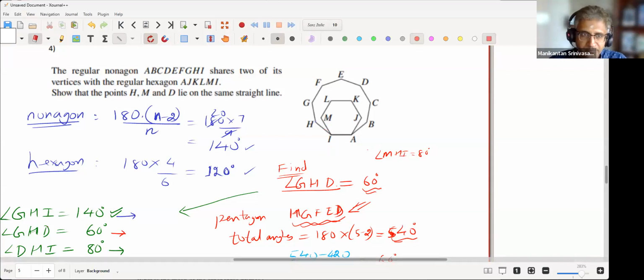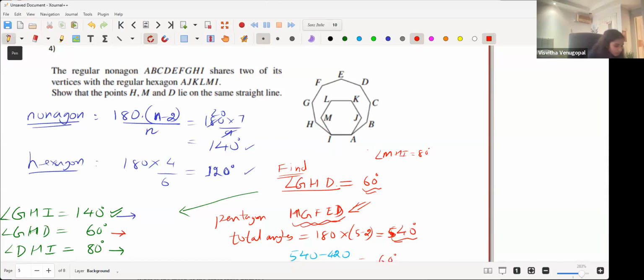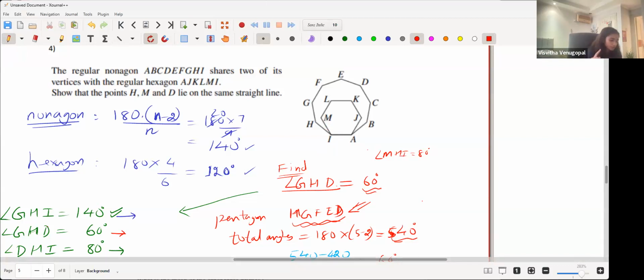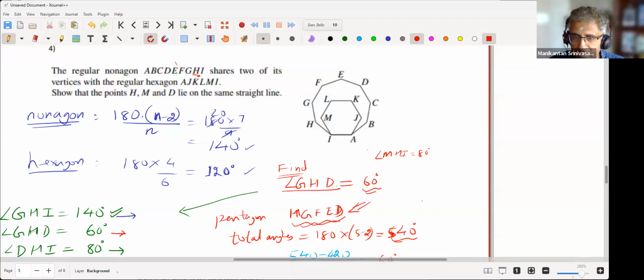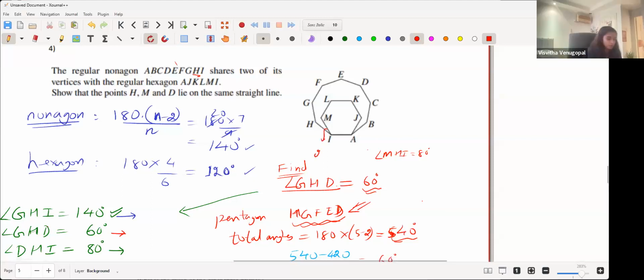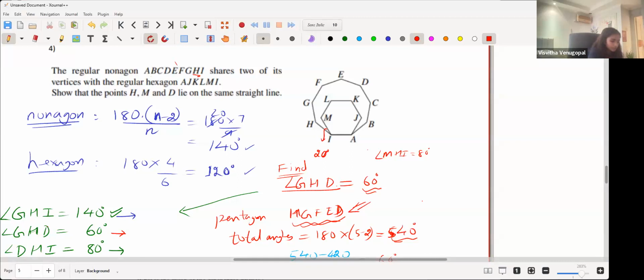Yeah, go ahead, Vishwita. I think I got 20 also, and then I realized it's isosceles. So then I also got that DHI is 80 and HMI is also 80. Correct.